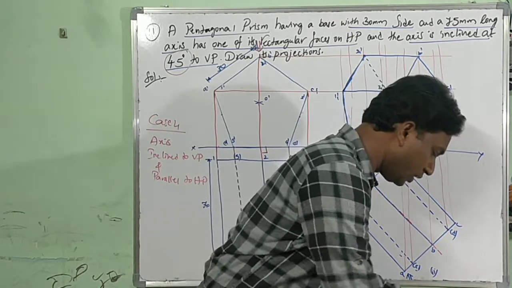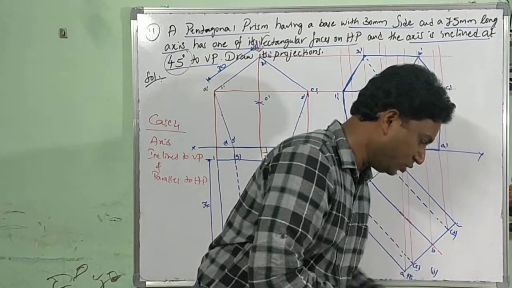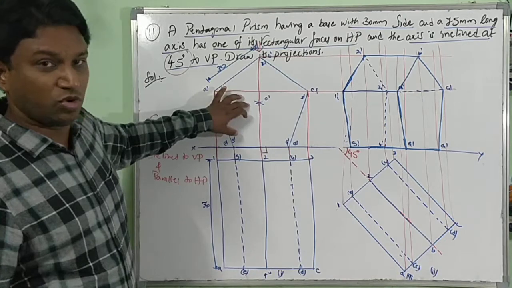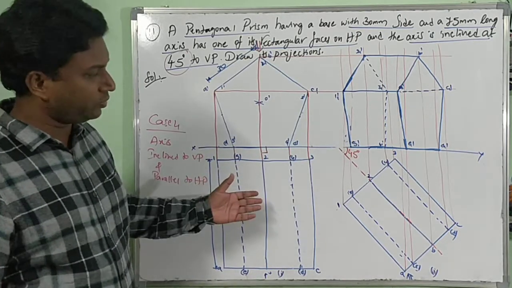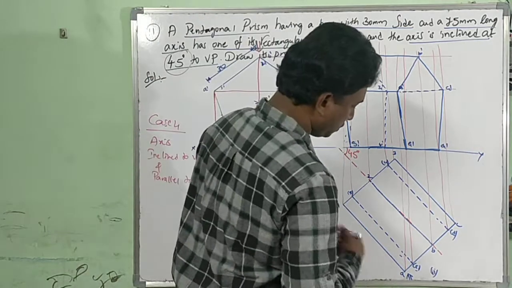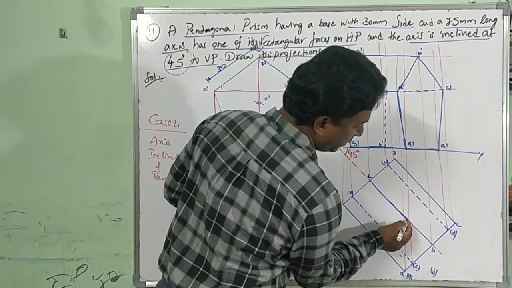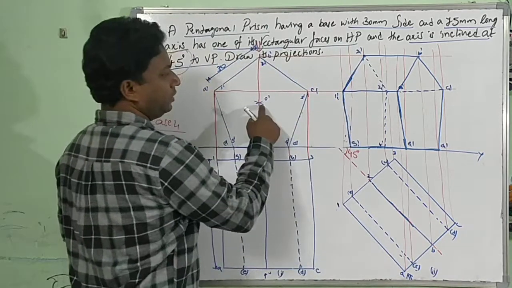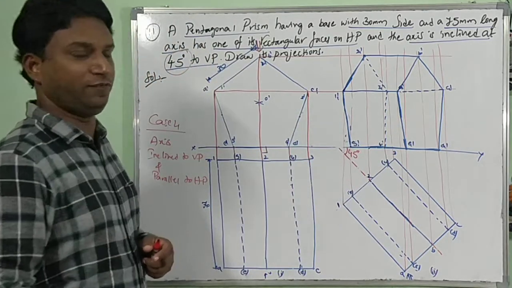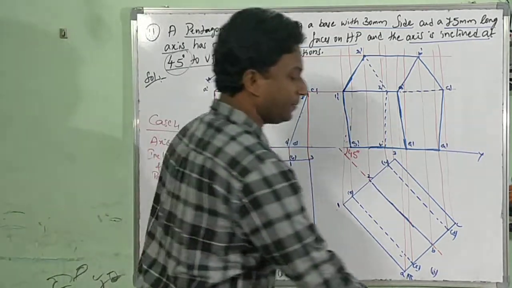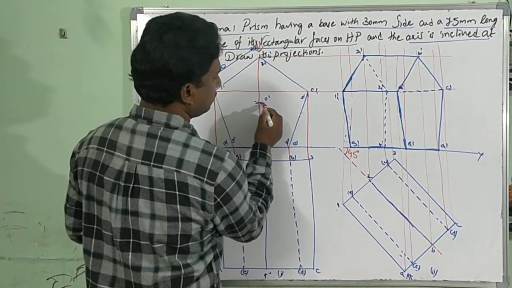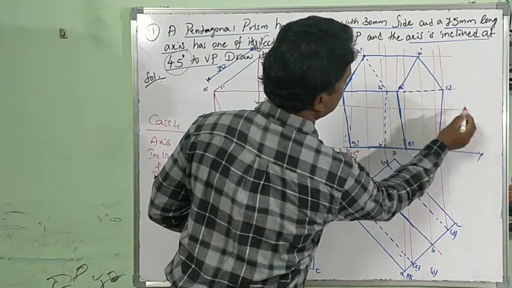Now one more important thing is the axis line. You have to show the axis. Here, for axis, O dash we have shown. In the top view we have not shown it because it is dominated. As we have rotated it here, this is also not visible. It is also dominated. But here, this O is separate in the front view, so from the front view you can show it separately. For that, from O dash, try to draw the projector.